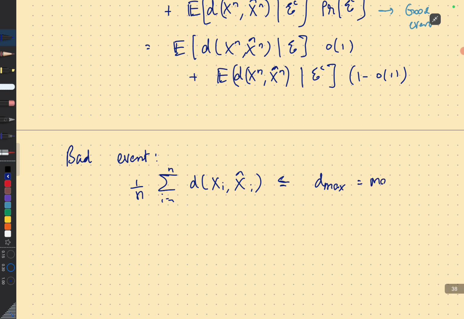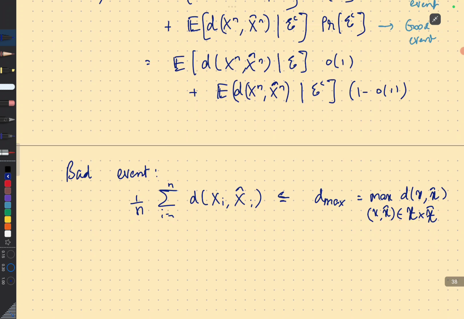So this is the max over all possible x and x hat of d, and the important assumption here is that this quantity is finite. Some value could be something large, but it's still finite, independent of n. So if you combine this with this particular part, then you see that the first term is vanishing in n.